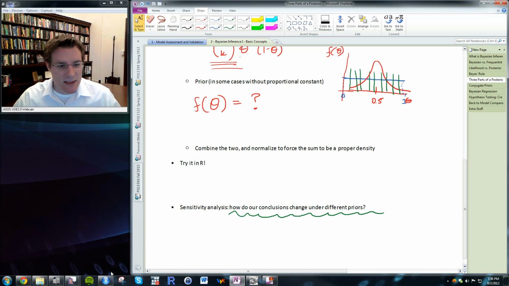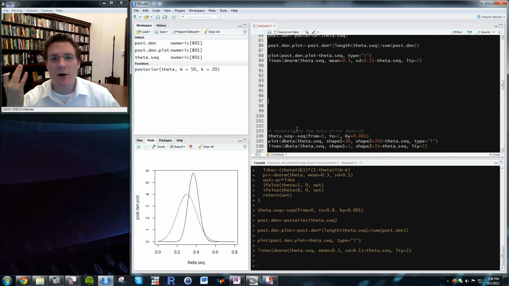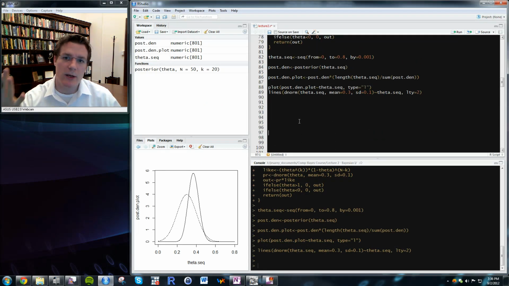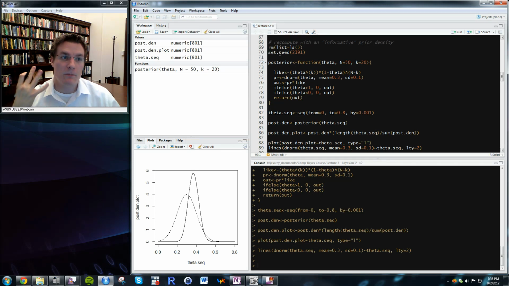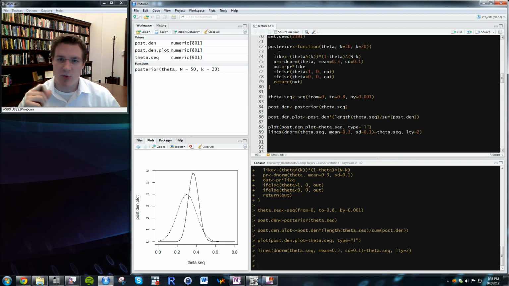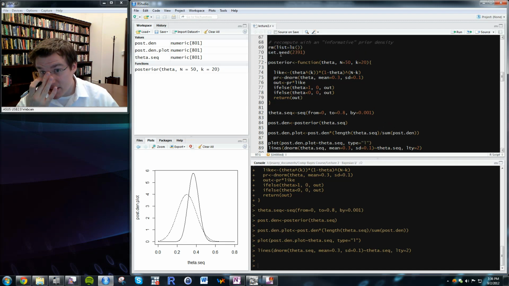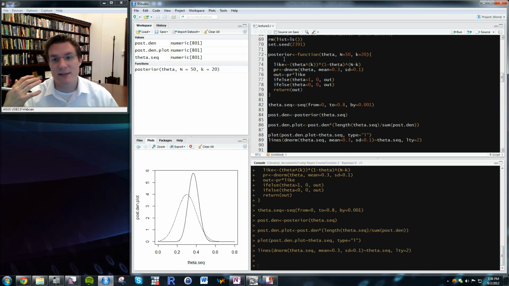But it also leads us to think, well, how much are our priors really informing what we believe, and can we get a sense of how our current beliefs, our posterior beliefs, are influenced by those priors? And the answer is yes, we can. We can just redo the same analysis with multiple different priors to get a sense of how sensitive our conclusions are to those priors.